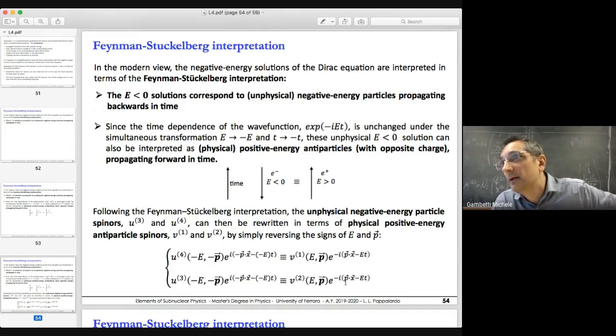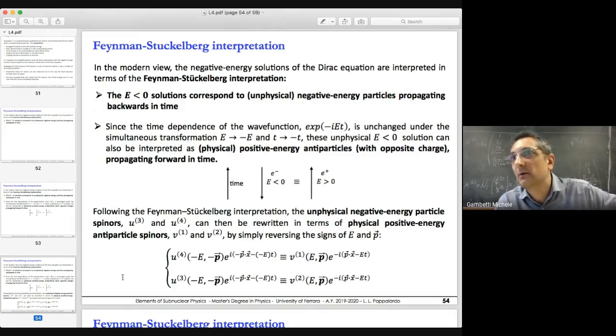And the two can be related in this way, essentially by swapping the sign of both energy and momentum. So u4, a negative energy solution for a particle, will correspond to a physical positive energy solution for an antiparticle, and also u3 with the other solution, v2. You simply obtain this by swapping E to minus E and p to minus p.